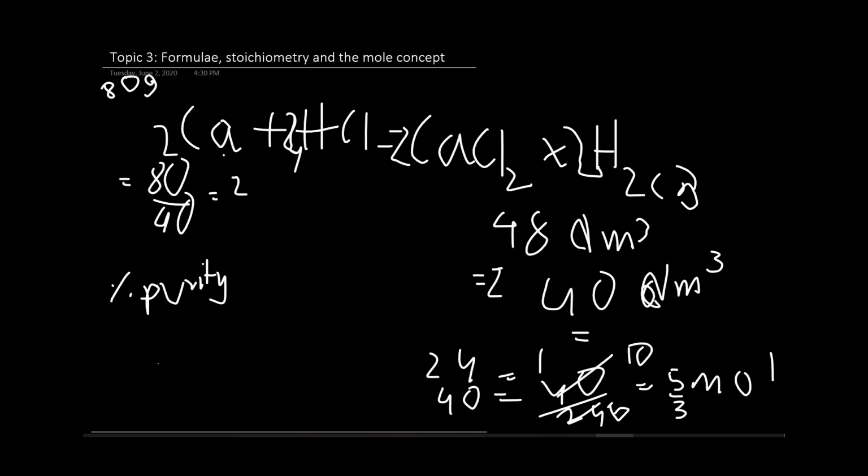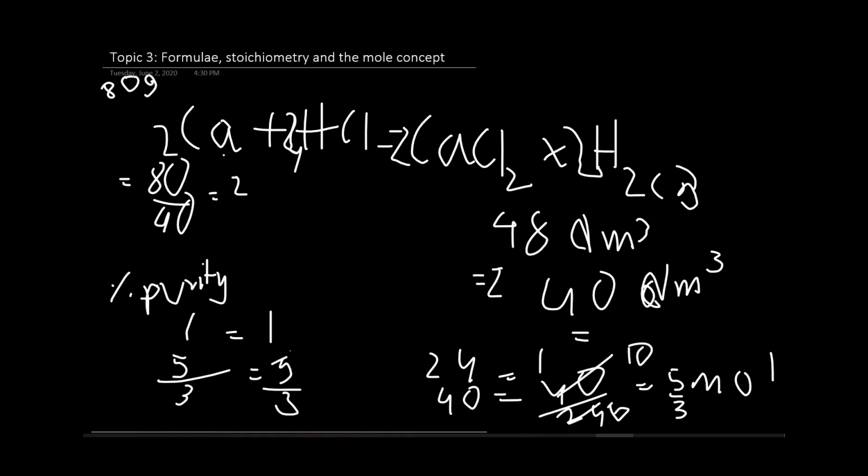Since 2 mole hydrogen reacts with 2 mole calcium, 1 mole hydrogen reacts with 1 mole calcium. It's a 1:1 ratio. So 5 by 3 mole hydrogen will react with 5 by 3 mole calcium, right?